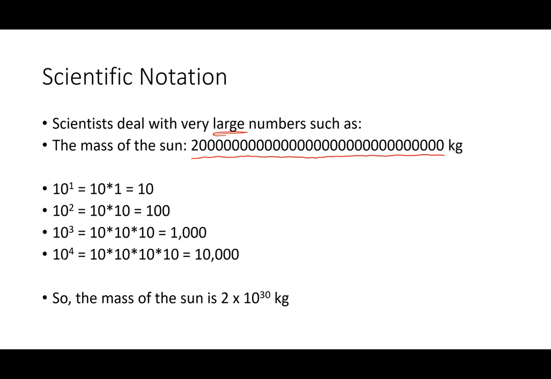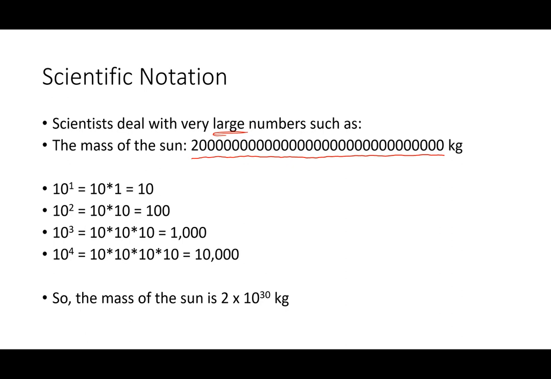And then lastly, here we have 10 to the fourth power. 10 times 10 times 10 times 10 would be 10 multiplied by itself 4 times. That will equal 10,000.